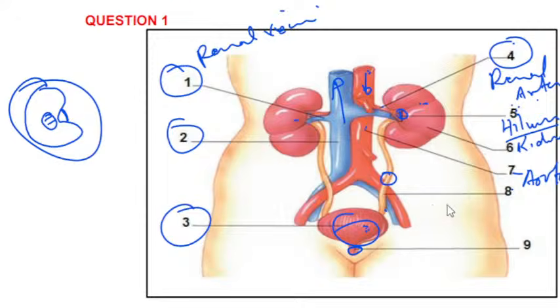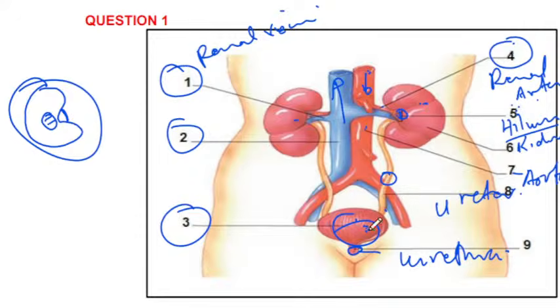This tube is called ureter, while this tube is called urethra. You see, the one which goes from the bladder to the outside is called urethra, but the one which is here is ureter.